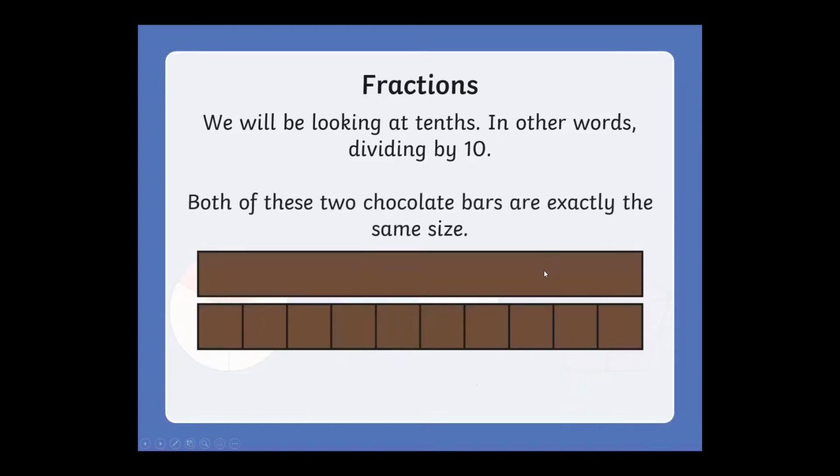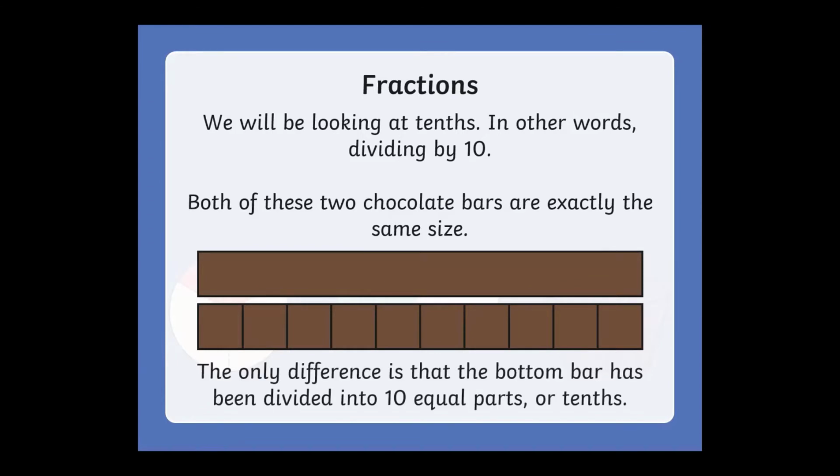So you can see that these chocolate bars are exactly the same size. Okay, they match each other perfectly and are exactly the same size in length. However, one of these bars has been split into 10 equal parts. We've got 1, 2, 3, 4, 5, 6, 7, 8, 9, 10 equal parts.